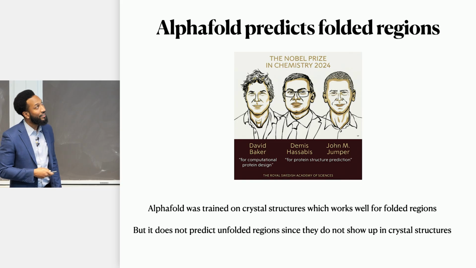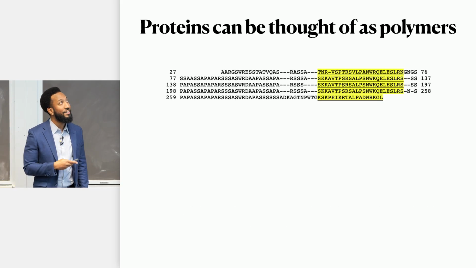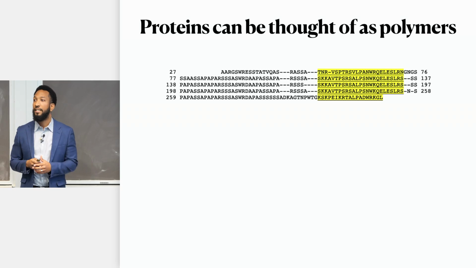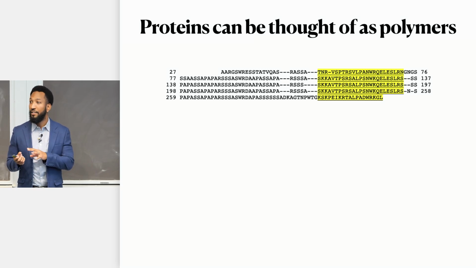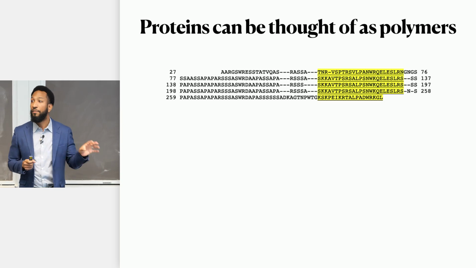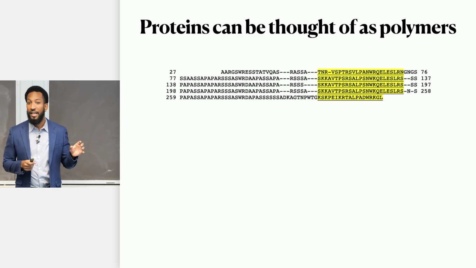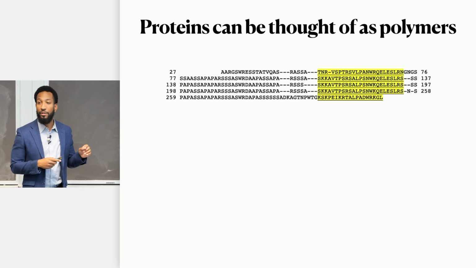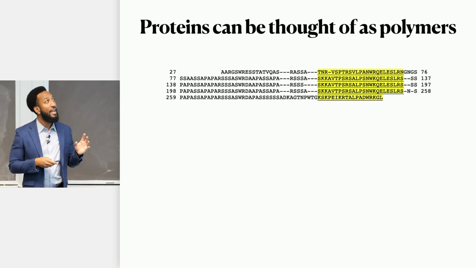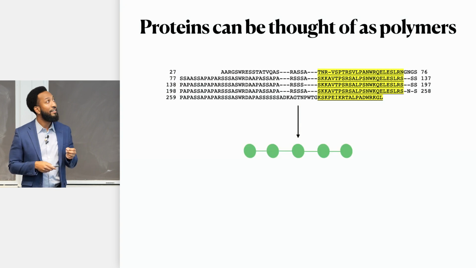If we bring back the same polymer or protein, I didn't mention these, but these yellow regions are the folded domains, and everything that's not highlighted is unfolded or disordered. This is a protein that forms these so-called liquid-like droplets, and the yellow regions are the stickers.